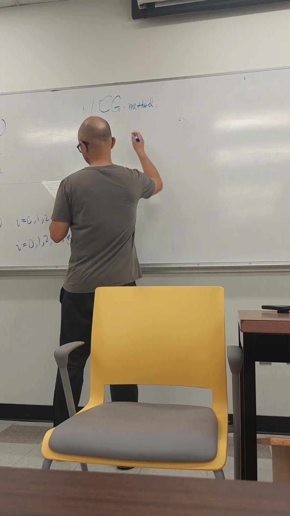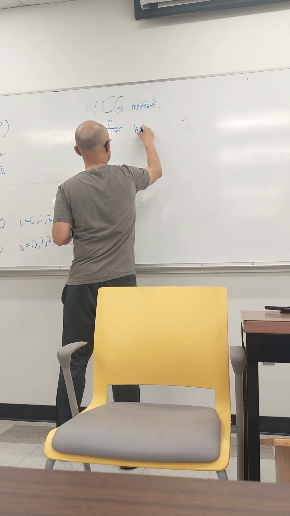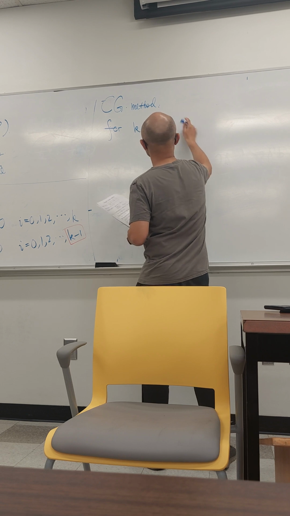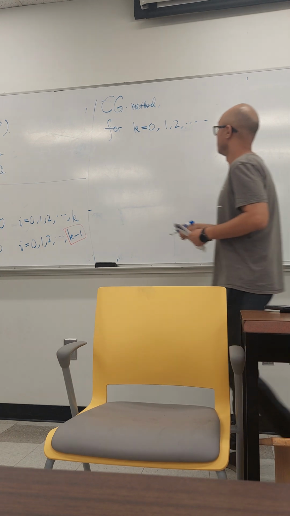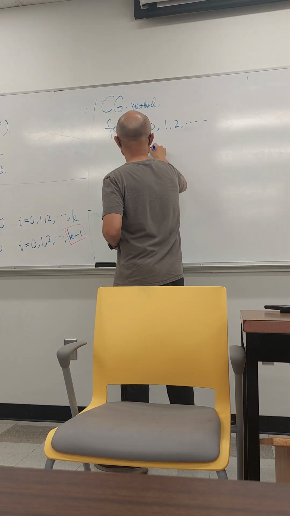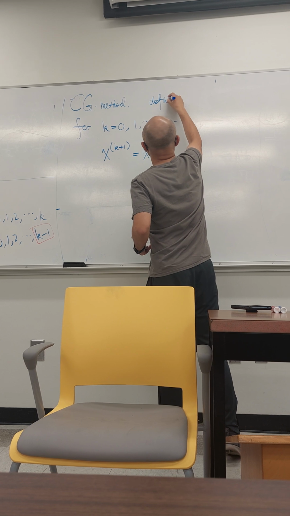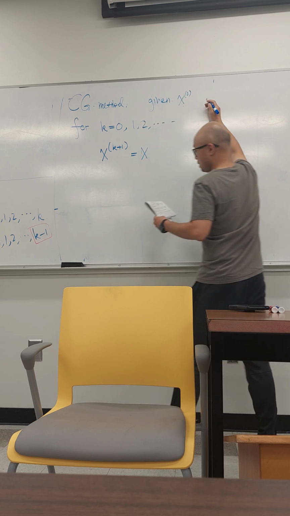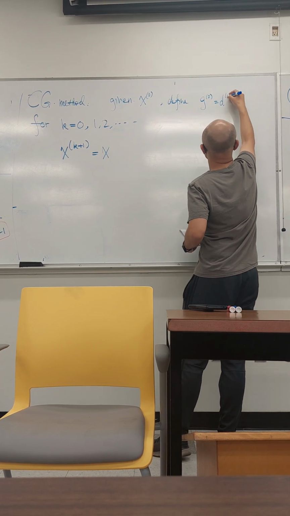So what happens is we can have a three-term recursive formula, for k equal to 0, 1, 2, etc. Given x0, we define g0 equal to d0.